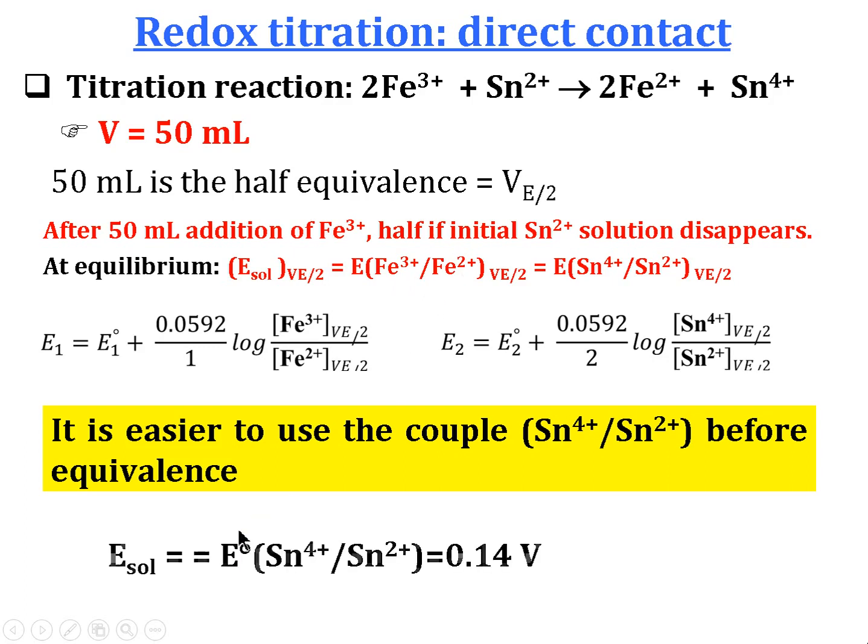So we apply the Nernst equation on couple 2: E2 equals E02 plus 0.0592 divided by 2 log Sn4+ divided by the concentration of Sn2+ at half equivalence, and these concentrations are equal. So in this case, the potential of the solution at half equivalence is equal to E02, equal to 0.14 volt.